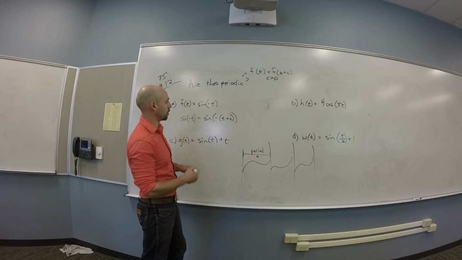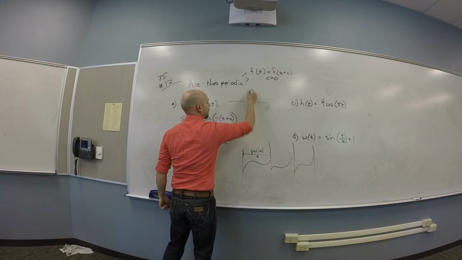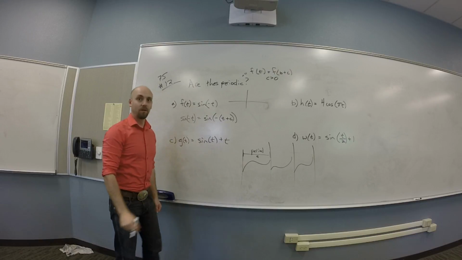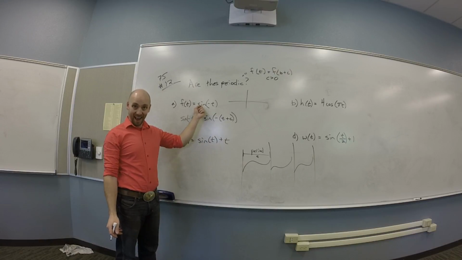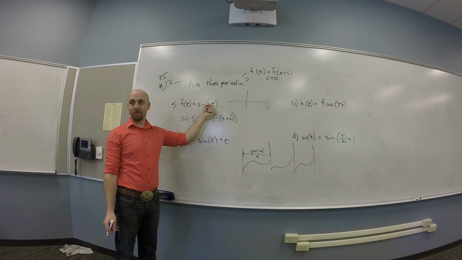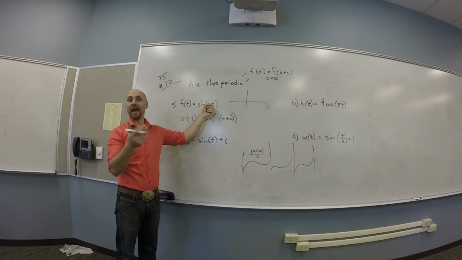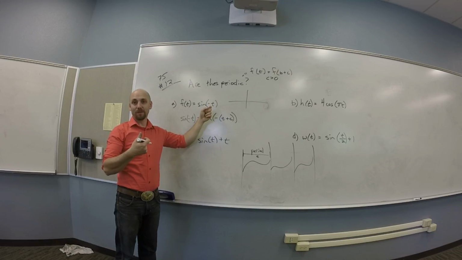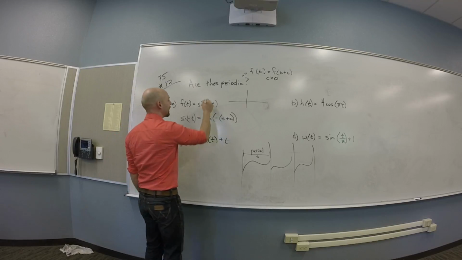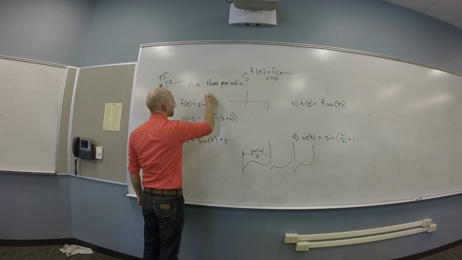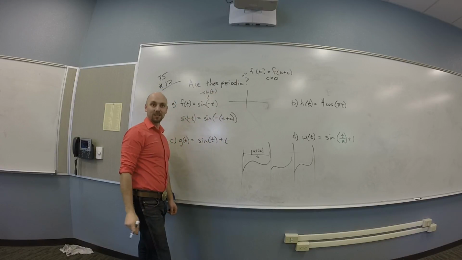So if you sketch sine of minus t, what do you get? That looks like sine with some sort of flip. A flip in the x direction, which is over the y-axis. Another thing you could do is say that's minus sine of t, because sine's odd.